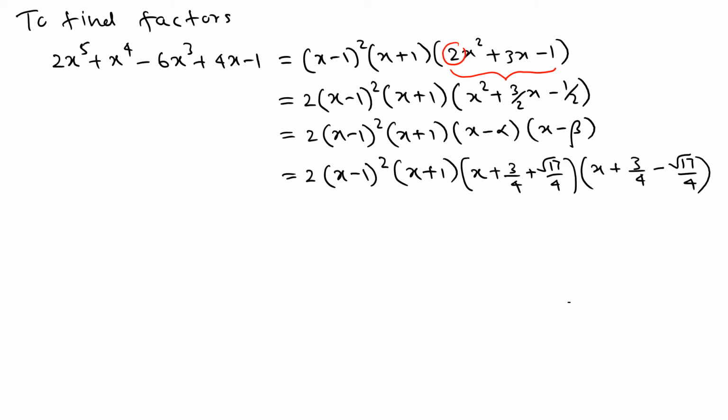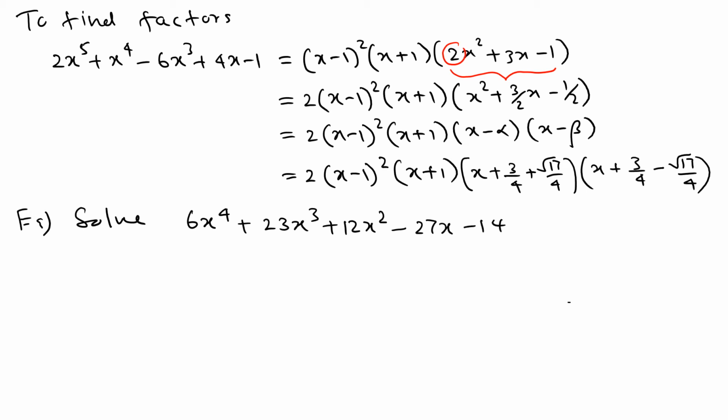So let's do another problem just to see how things work. So that's the next one. Let's say example: solve this order 4 polynomial, 6x to the 4th plus 23x cubed plus 12x squared minus 27x minus 14 equals 0.